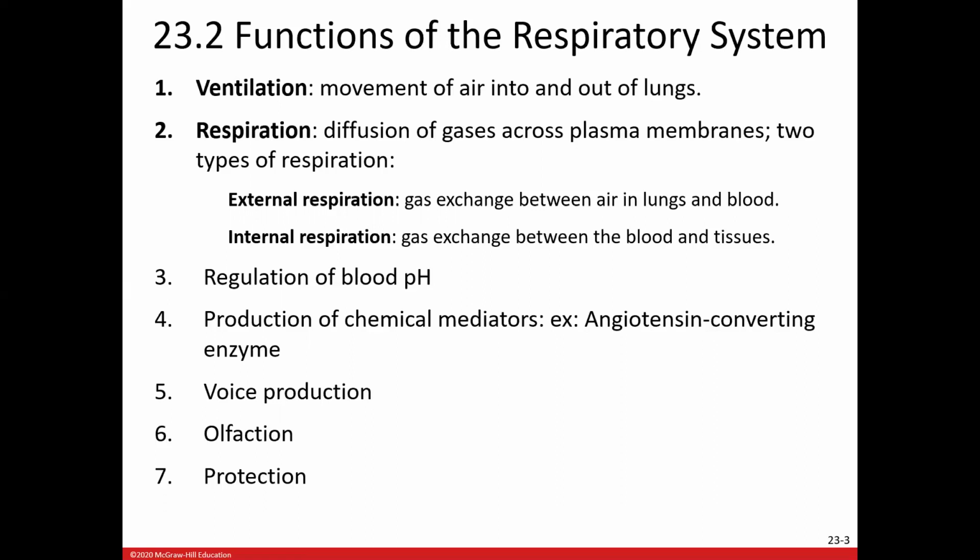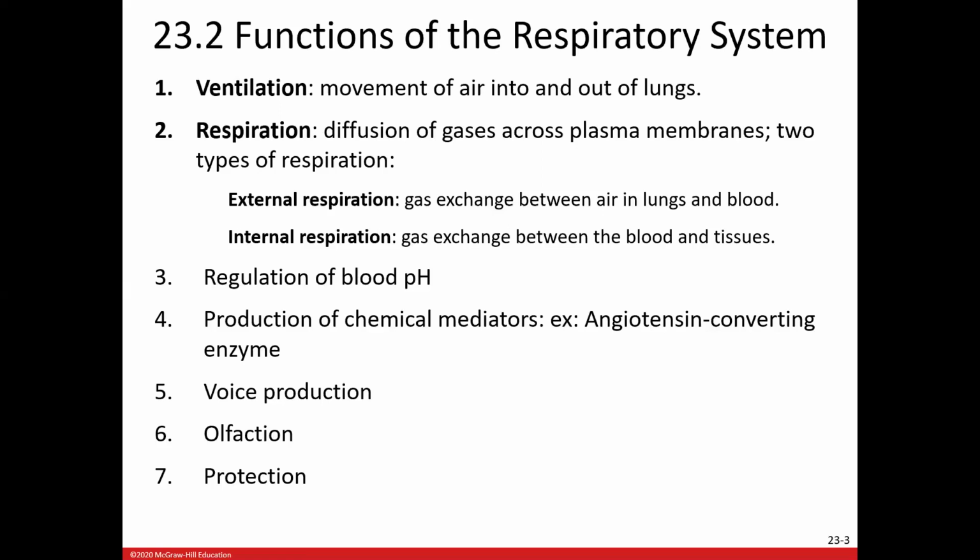So you have vocal cords, which when they vibrate at a certain frequency, actually produce the sound that makes your voice. Your nose is also responsible, as part of the respiratory system, for olfaction. So you have olfactory epithelium, which are able to pick up odorants, which are basically odors. And that will transfer information to the brain, telling you what a certain smell smells like.